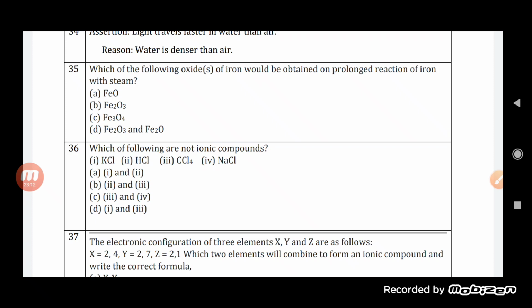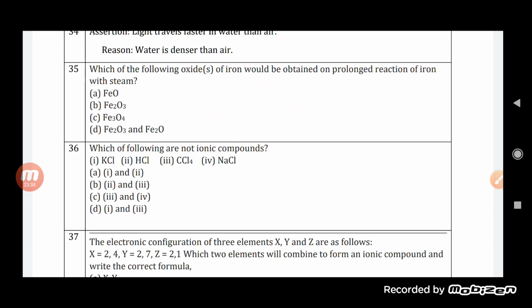It is quite difficult for iron to react with water. So it will not react with cold water, or even with hot water. But when we make it react with steam for a longer period of time, then it helps in the formation of the metal oxide.